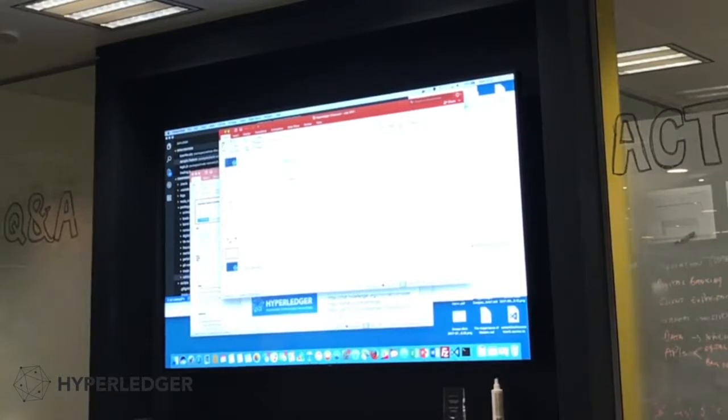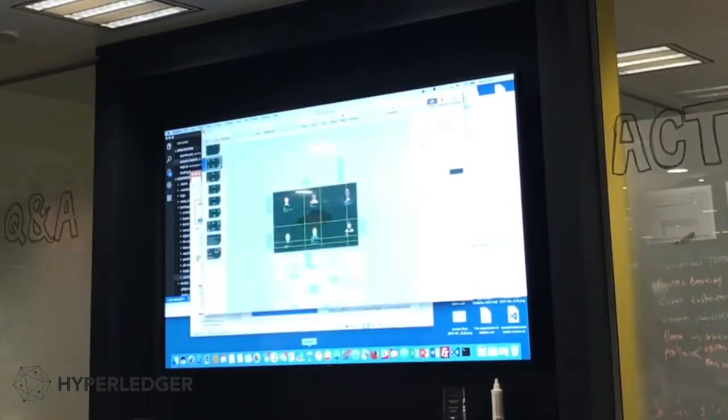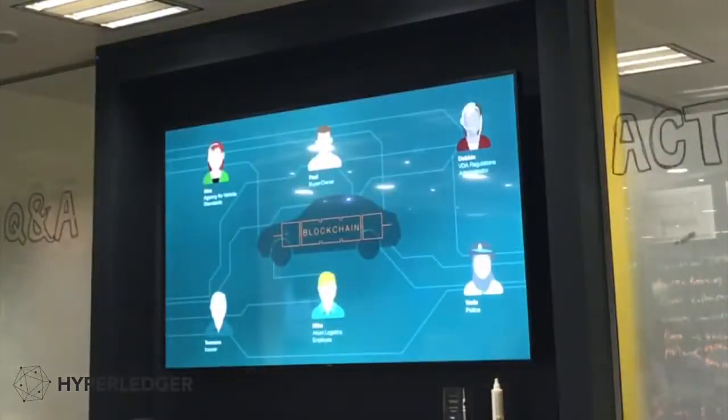I shall give you a very brief intro to this, but most people know about vehicles, and they intuitively know that there are a lot of different parties involved in the life cycle of a vehicle.